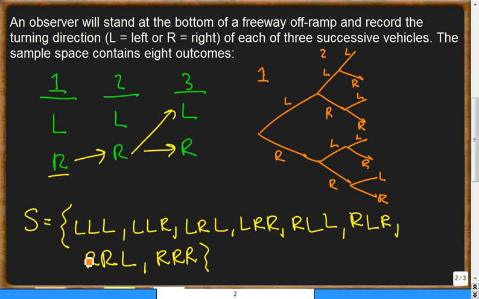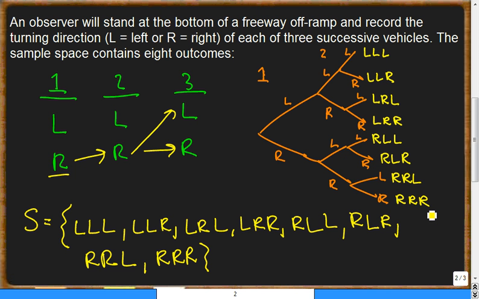Looking at these events from the side of the tree, this would be LLL, LLR, LRL, LRR, RLL, RLR, RRL, and RRR. You can quickly see that there's only one event that doesn't have a right in it, and only one event that doesn't have an L, and the rest are mixtures of the two. So constructing a tree or just a sample space in general is a skill that you need to know how to do.